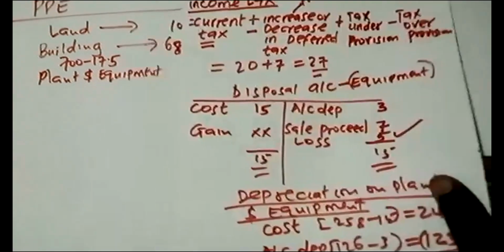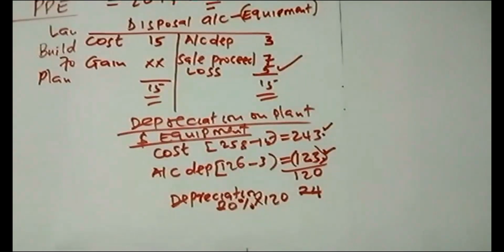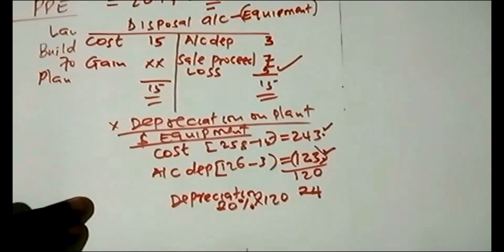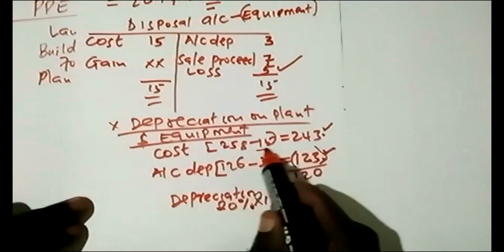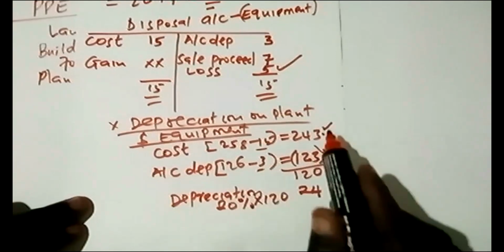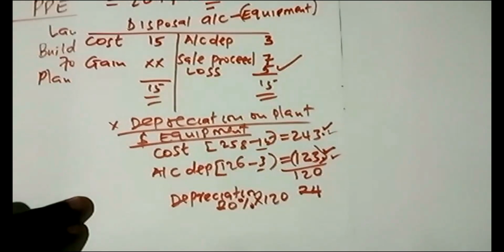So what you will do, remember that we did this. When we were determining the depreciation, first remember I said we have to deduct the one which was disposed so that we get the correct cost and the correct accumulated depreciation.